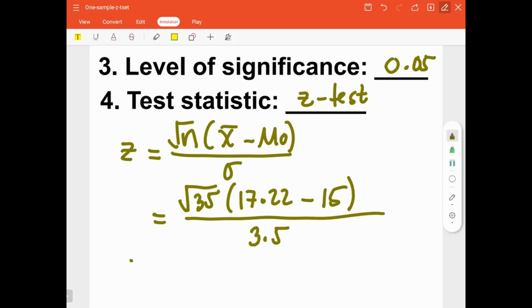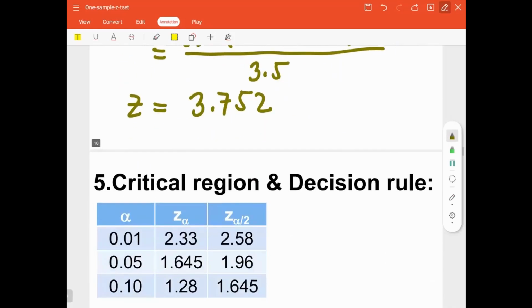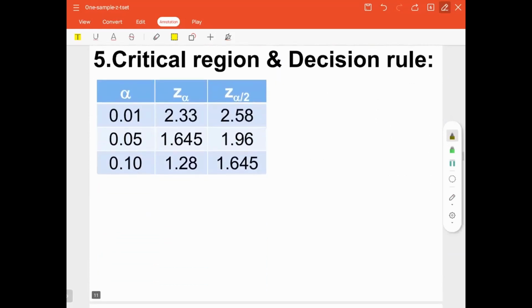If you simplify this, you'll get this value, which is 3.752, right?